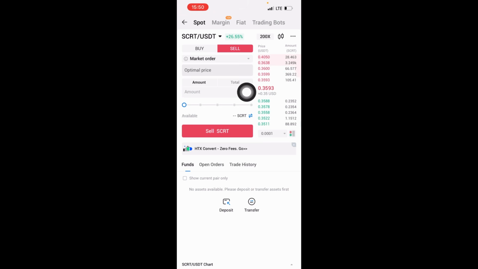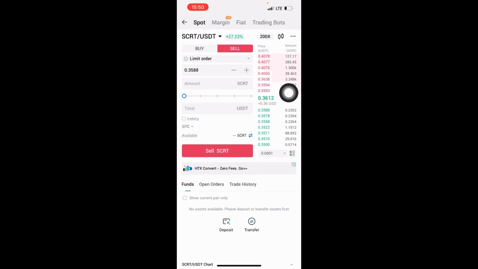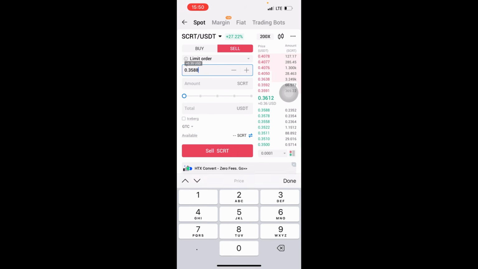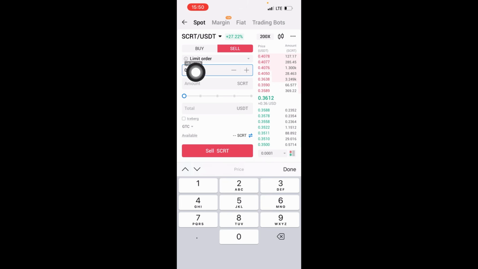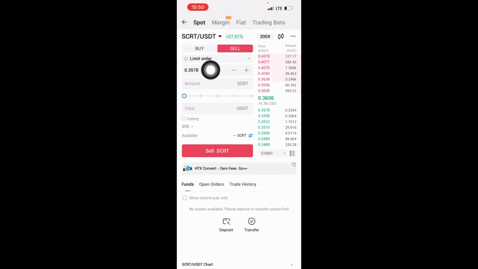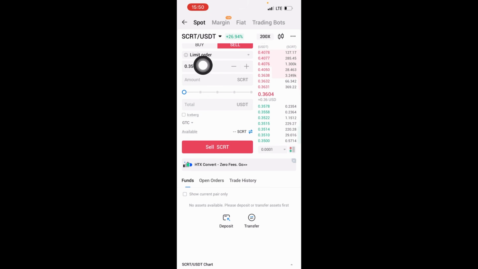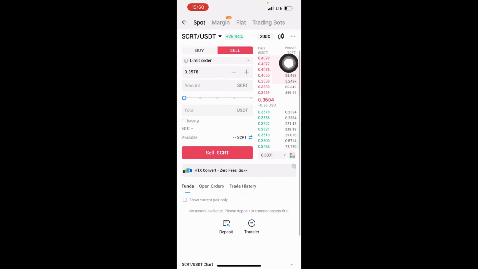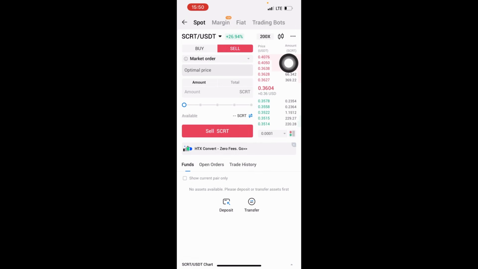That's the 0.35. You see, 0.35. But with the limit order, you can set when to buy it. You can set your own price to buy. And if you set it on market order, it will sell at the market price. You see that, yeah.